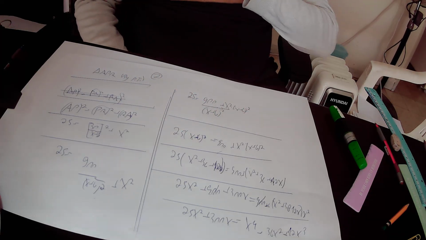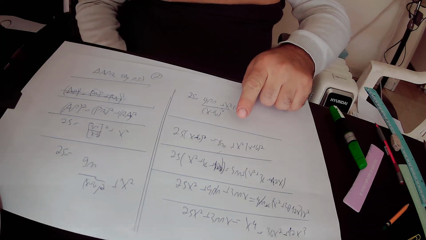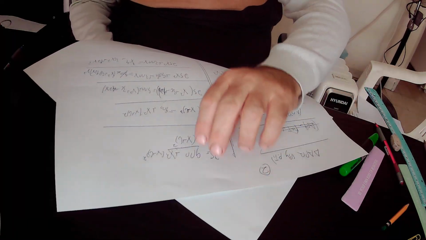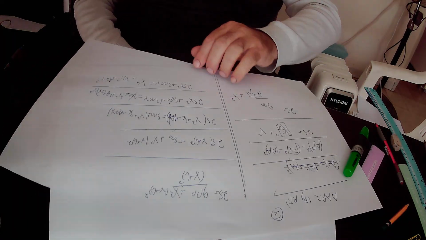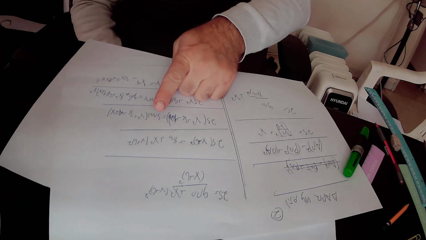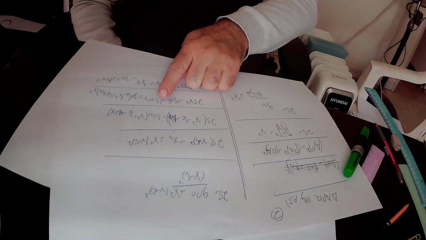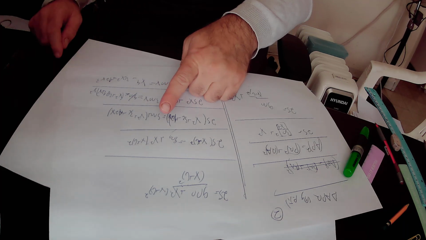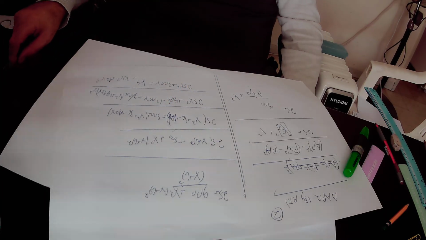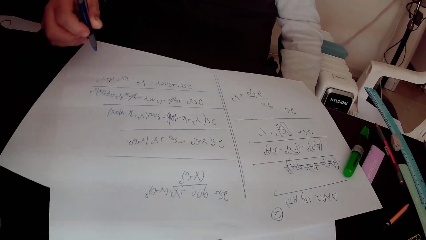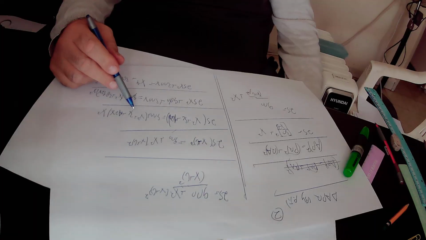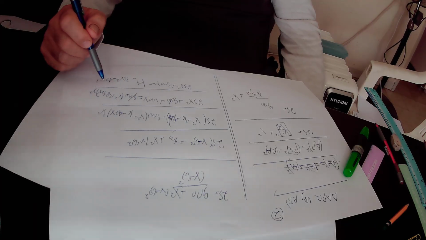So (x plus 6) squared equals x squared plus 36 plus 12x.